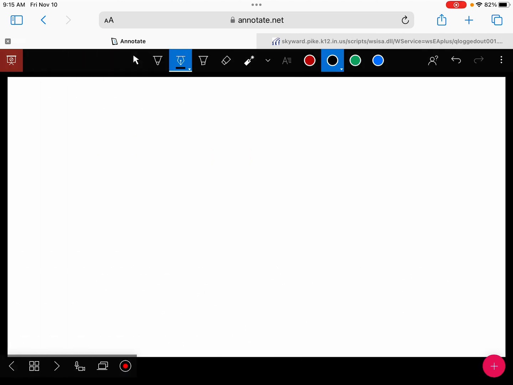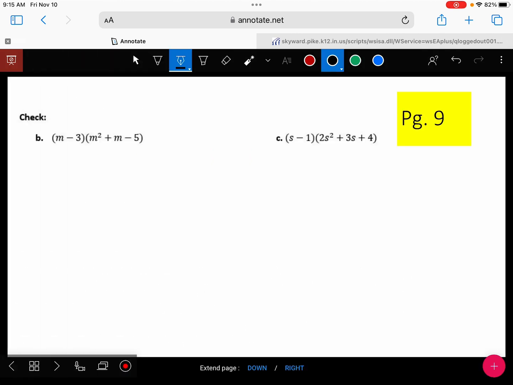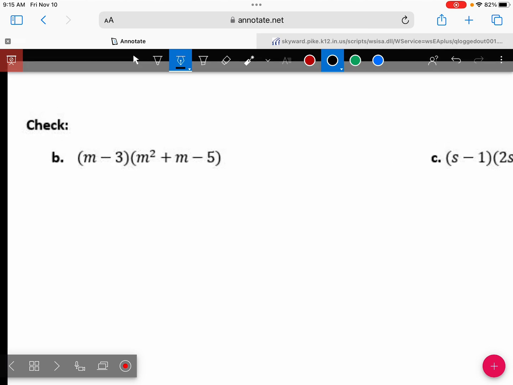All right, let's do a couple more. So let's go to page 9. We're going to make a box again. So again, we're making a longer box.